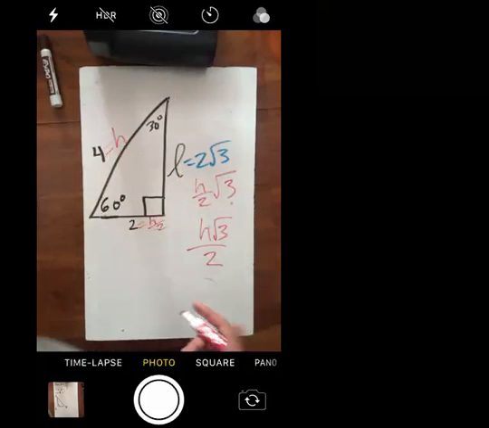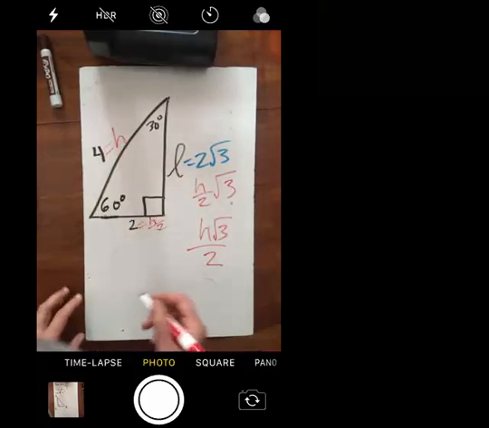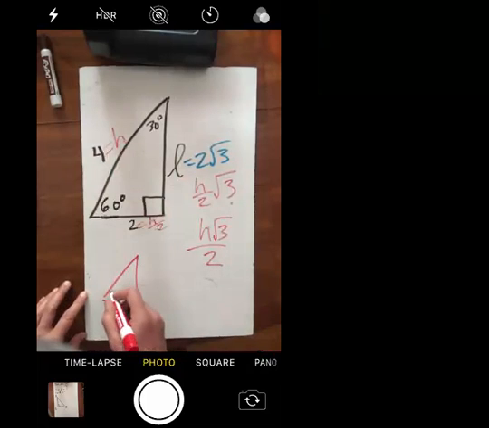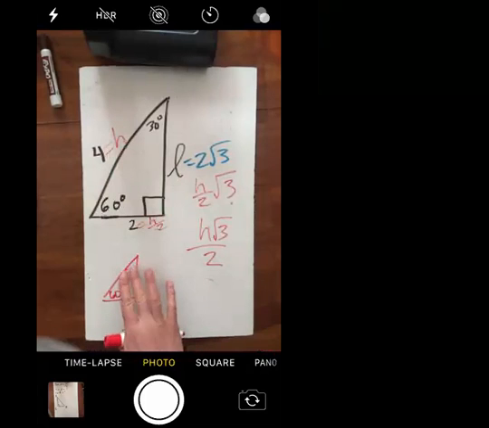So this is another way that you can figure out a 30, 60, 90 if you forget about it and you haven't memorized it. Again, start with a 30, 60, 90. Then choose a length for the hypotenuse.